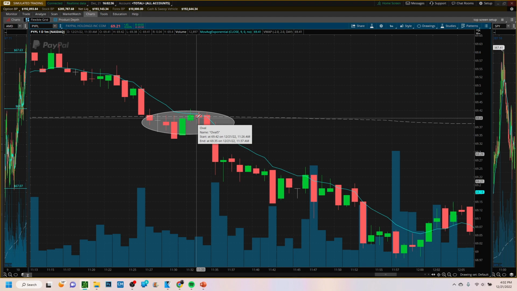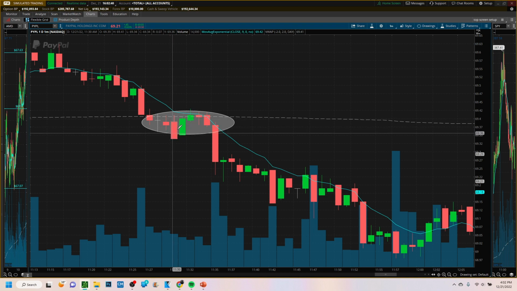That's what happens in these markets. It doesn't just go straight up or straight down. It pulls back a little bit, and we're able to take advantage of this VWAP, also this moving average right here. So we have 3 signals telling us this is a great opportunity to sell this thing.